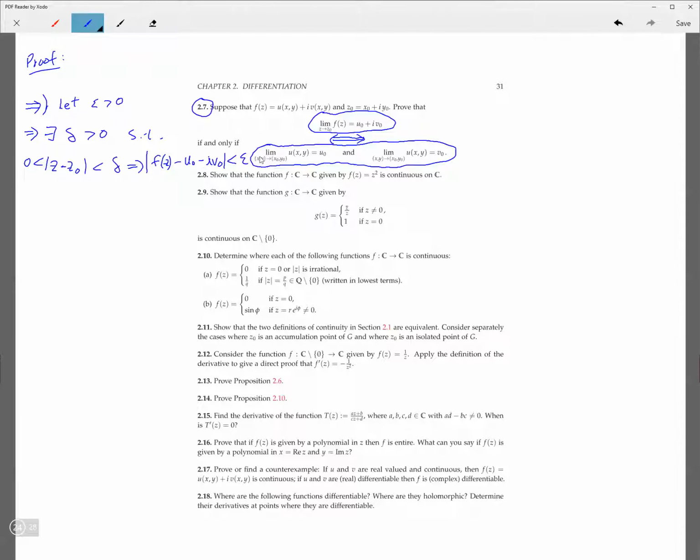So what we're going to do for going this way, we'll call this a delta naught, meaning this delta comes from this definition here. Okay, this comes from here. But we're also going to just choose the same delta for these two right here. Okay. Let's see, does that work?